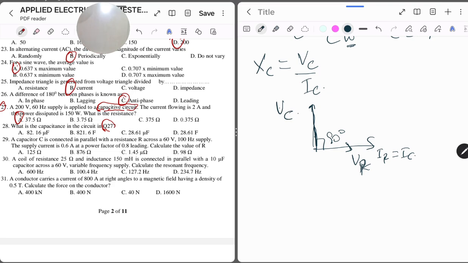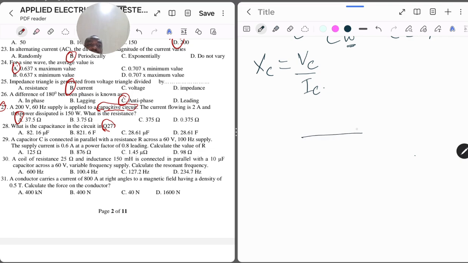Here actually the diagram is supposed to be going down, because the voltage lags the current by 90 degrees. Let me just do it very well. Though we get the same answer, it's better that the diagram is accurate.